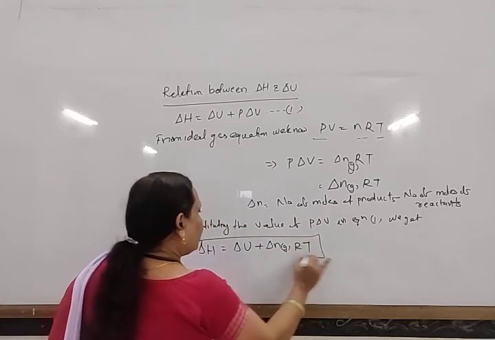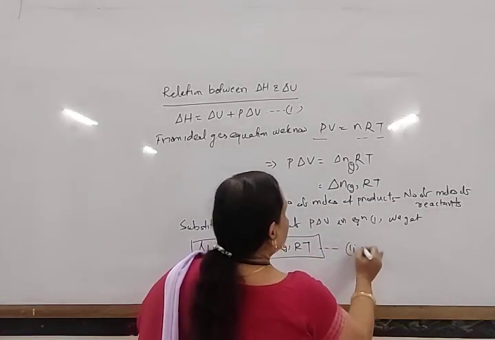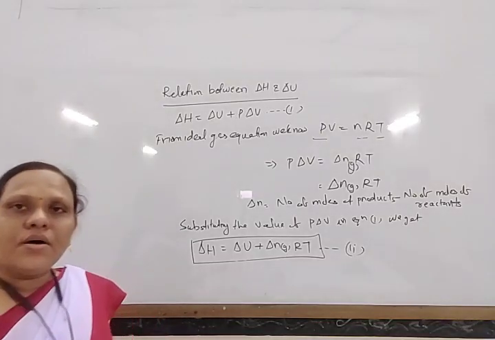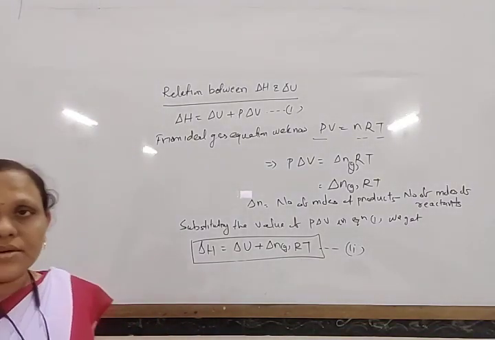So ΔH is equal to ΔU plus Δn_g RT. This is equation 2. Now let us solve one problem regarding this equation.